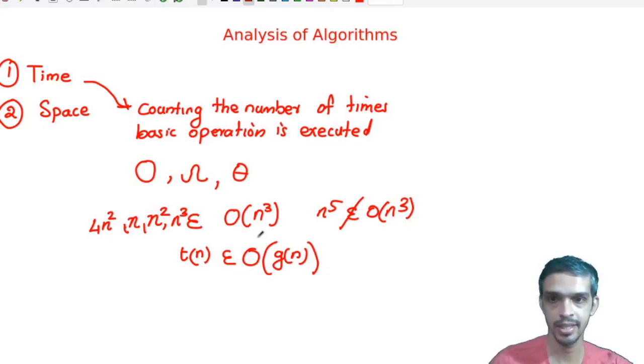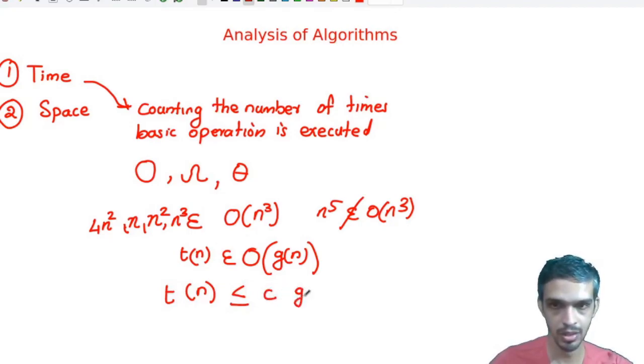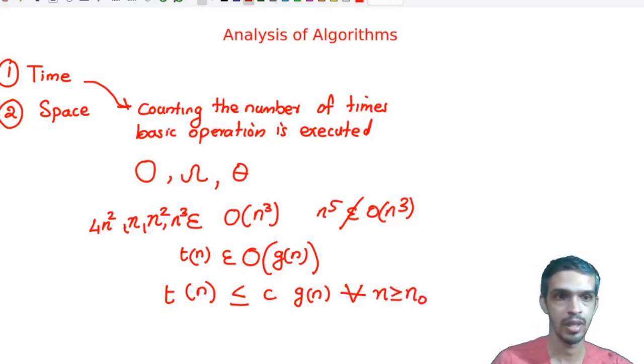That is, if there exists some positive constant c and some non-negative integer n0 such that t of n is less than or equal to c times g of n. This is what I write here, like n square element of O of n cube, since t of n should be less than or equal to c times g of n, for all n greater than or equal to n0.